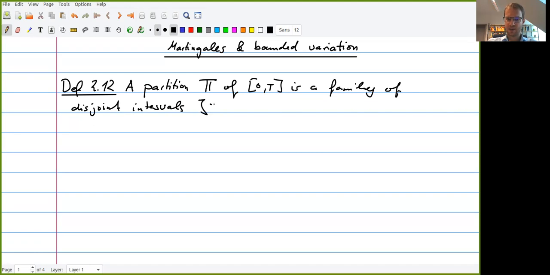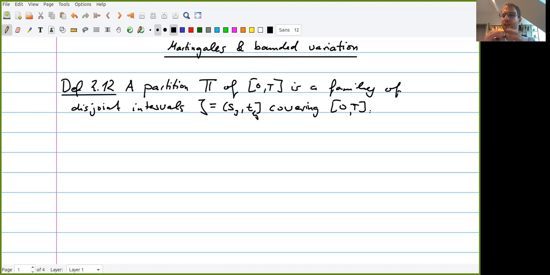Let's call them J in the following. So J depends on S, right? This is a half open interval, so the left-hand side is not included, the right-hand side is. This is just a convention in this course, which are supposed to cover the whole interval.